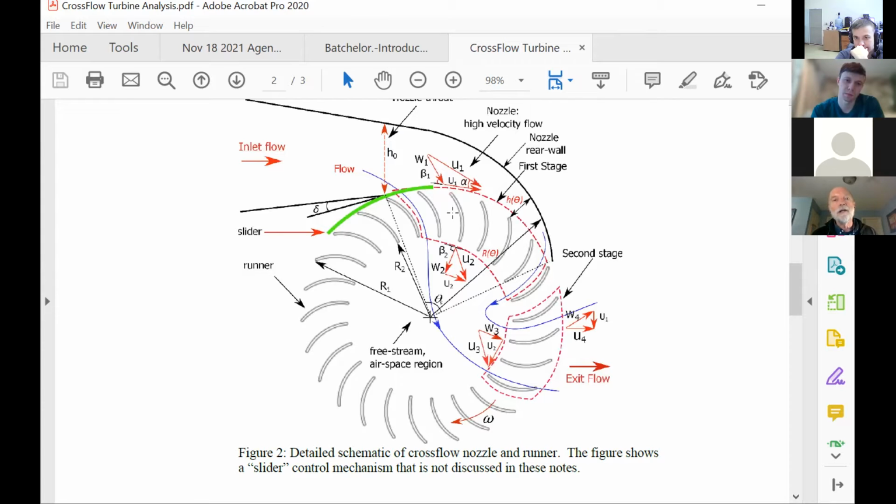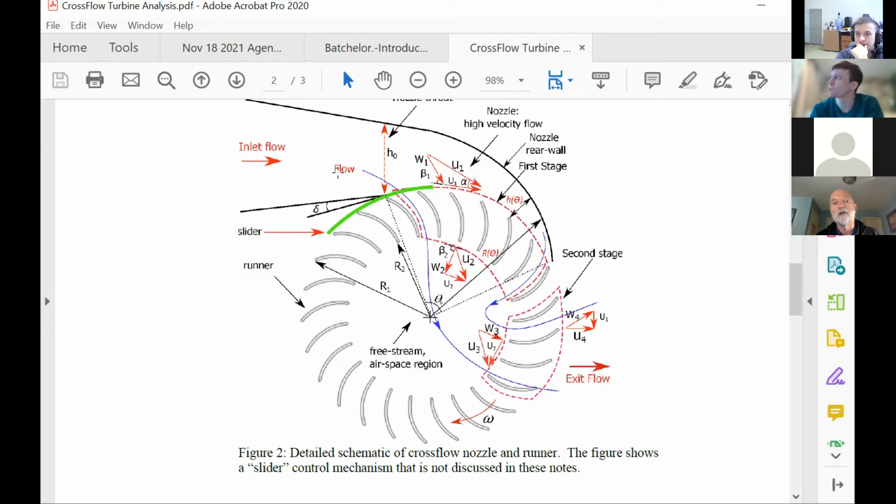So when we apply control volume techniques to a turbine like this, we use the principles of conservation of mass, conservation of angular momentum, sometimes conservation of linear momentum, particularly if we're interested in the forces on the device. And when we get onto wind turbines, we'll see that that's an important component of wind turbine analysis.